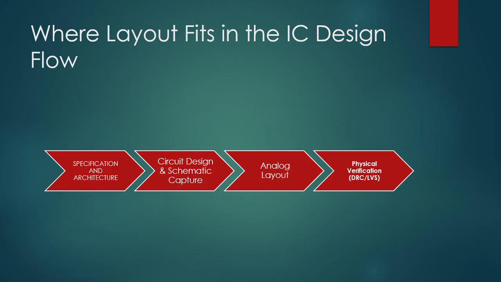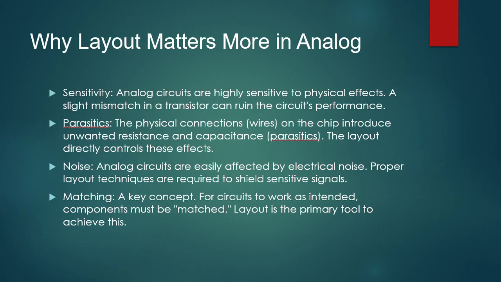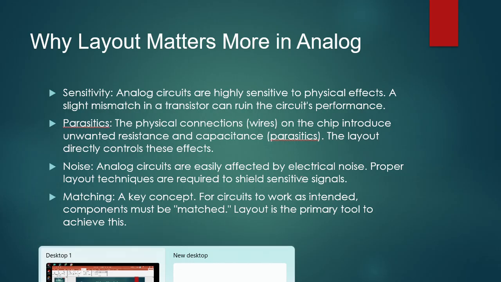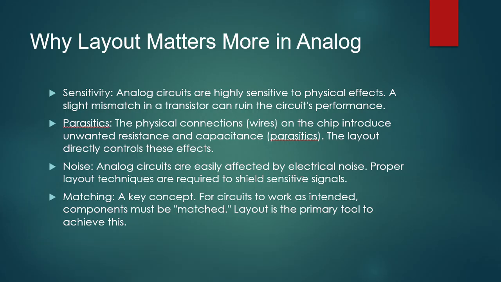We are also supposed to do the verification steps, that are DRC and LVS, and we will discuss those later. And since we are dealing with transistors, resistors and so on, it typically tells about analog things.